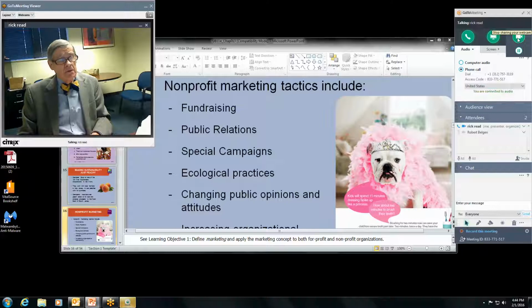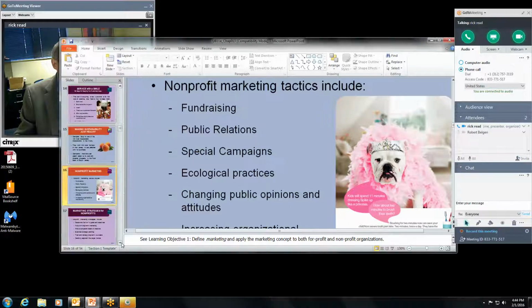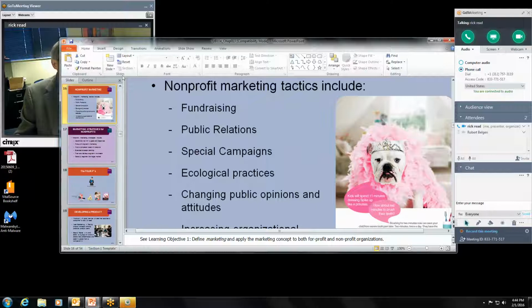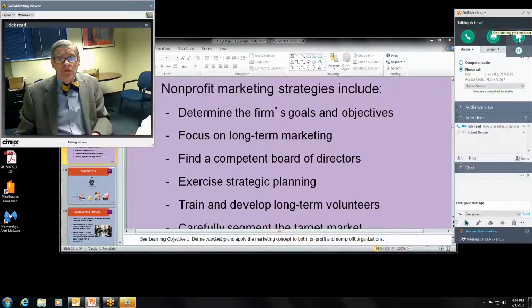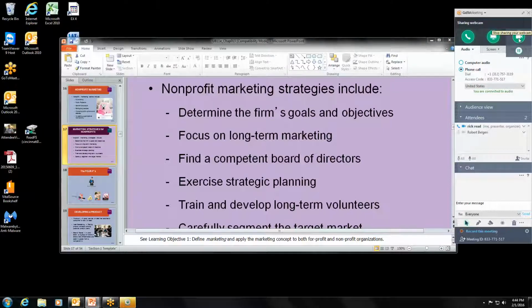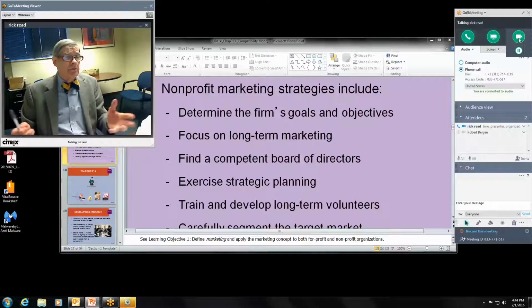I'm not going to go through that a whole lot because we're not going to focus on that too much in the rest of the chapter. And then here are some of the strategies that they use. Marketing helps them determine goals and objectives, and long-term marketing, and helps with strategic planning, etc.